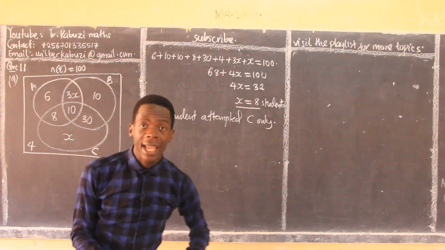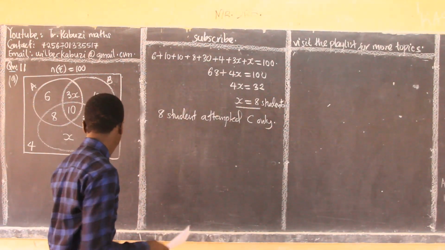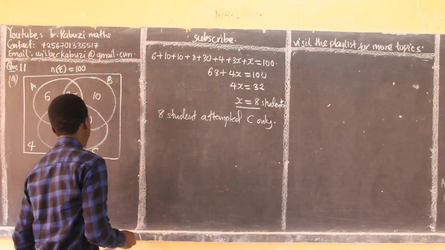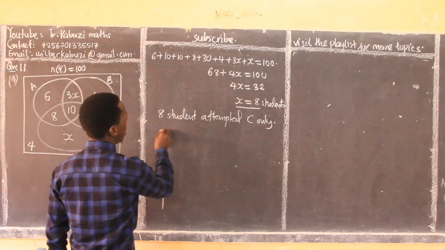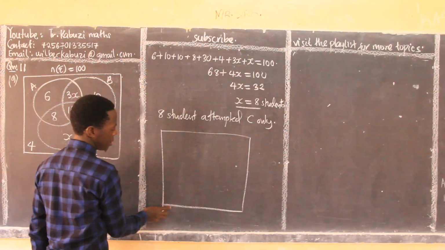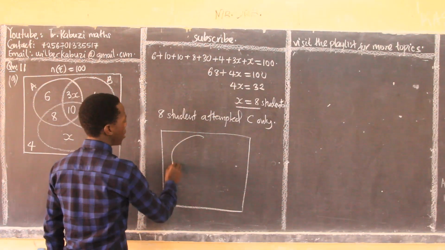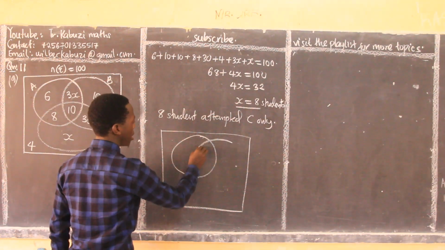Now, it's always better you redraw the diagram after getting the value of the unknown. If I'm to redraw it, I'm going to have something like this. You can draw a better diagram.